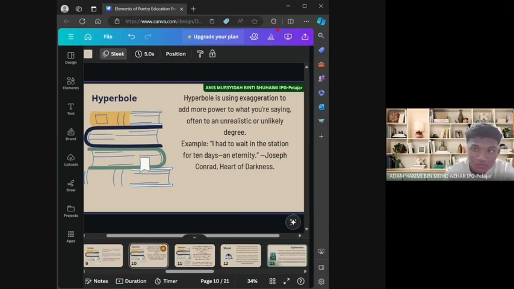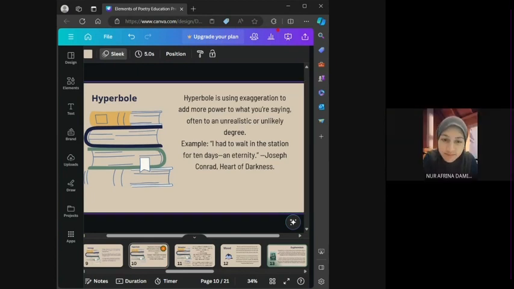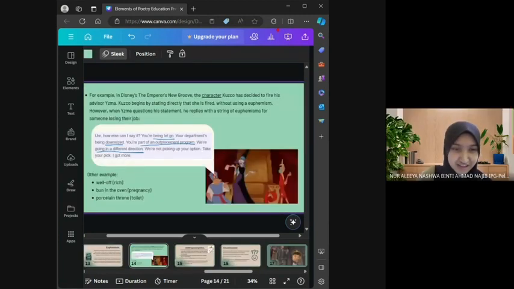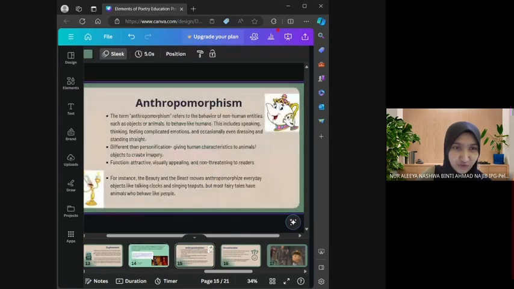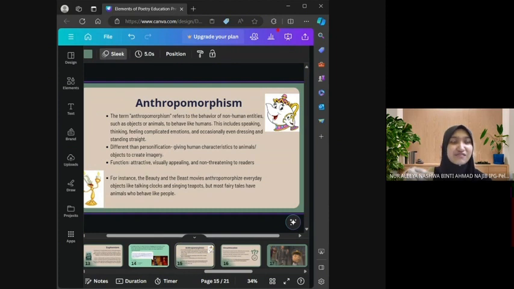How about Nasu? As for me, I like anthropomorphism. It's so hard to pronounce. But I really like this because I love to daydream and fantasize about stuff like this, like when I was a kid, where the things around you can talk.